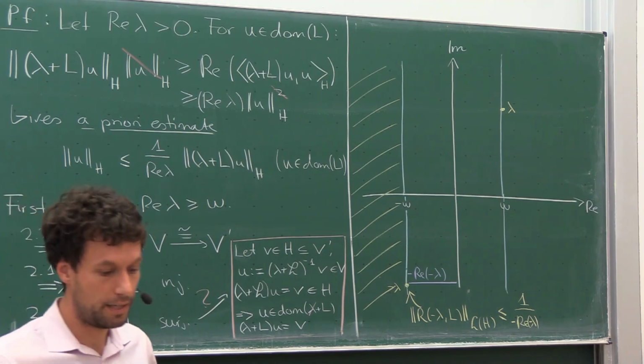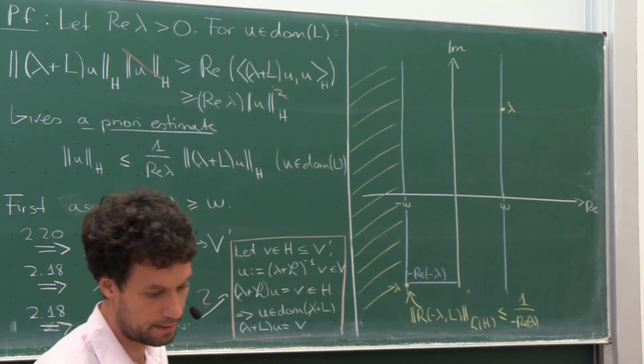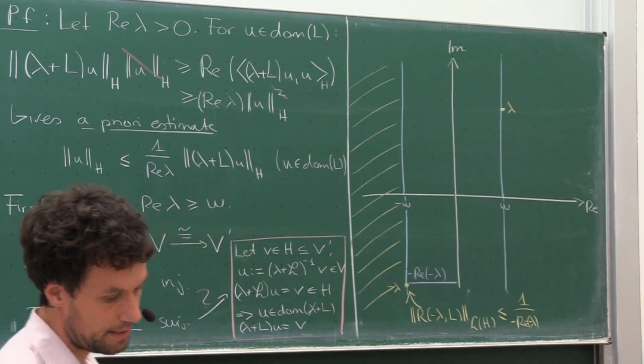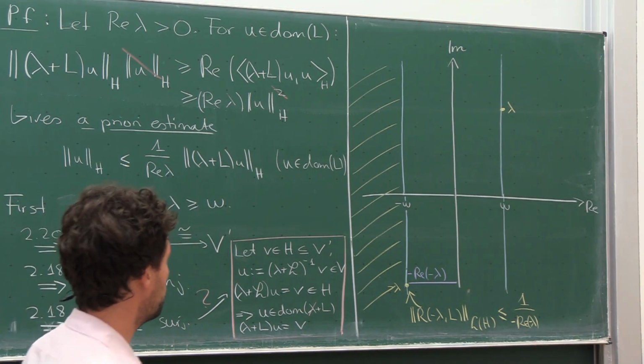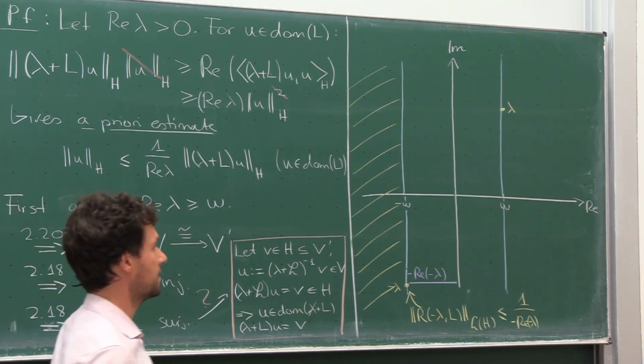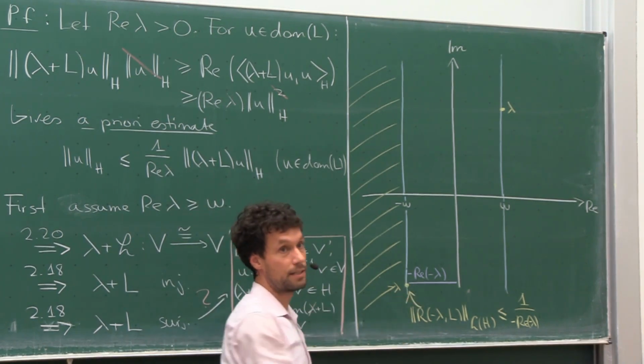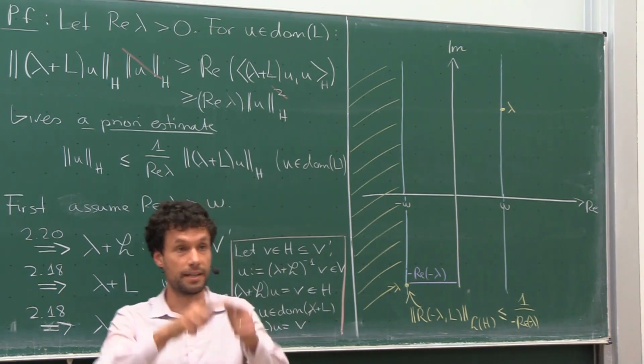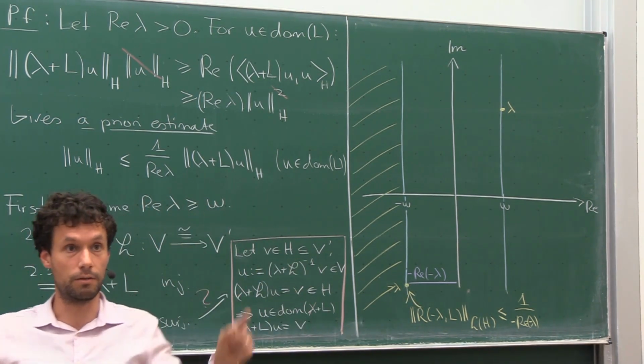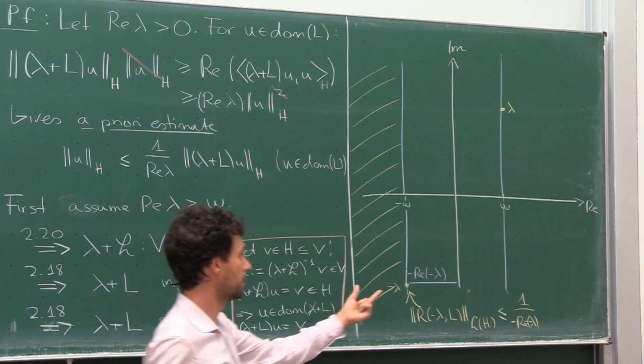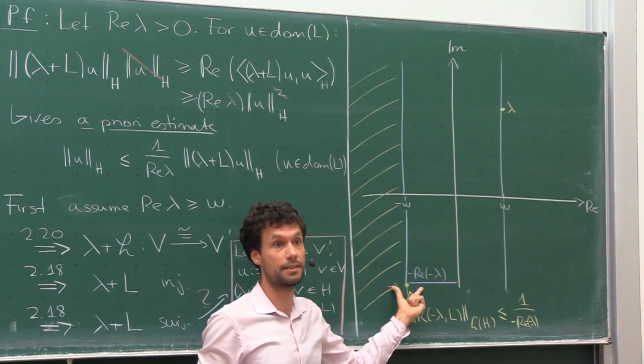Right? And now you had an exercise, 1.15c, that says if I sit in the resolvent set, then by this Neumann series I can always fiddle a ball around that point that remains in the resolvent set.